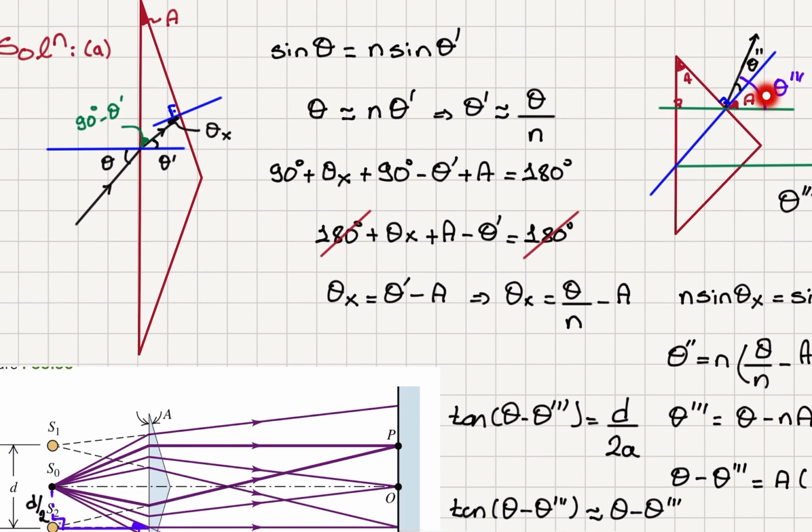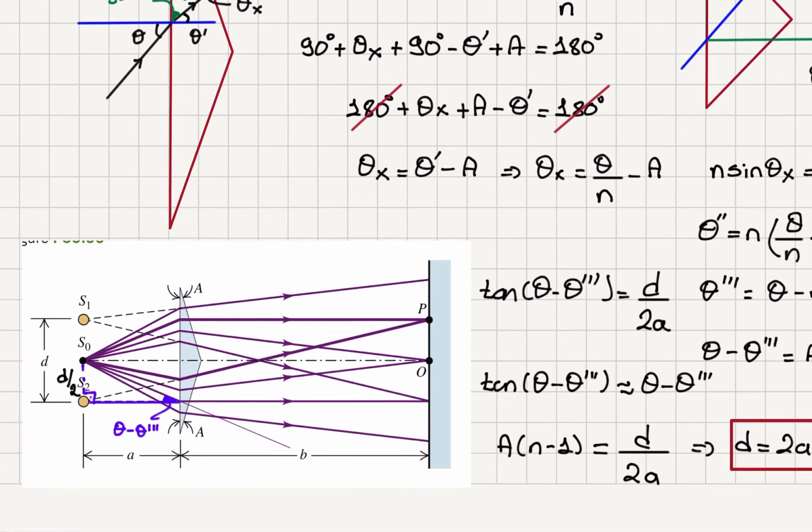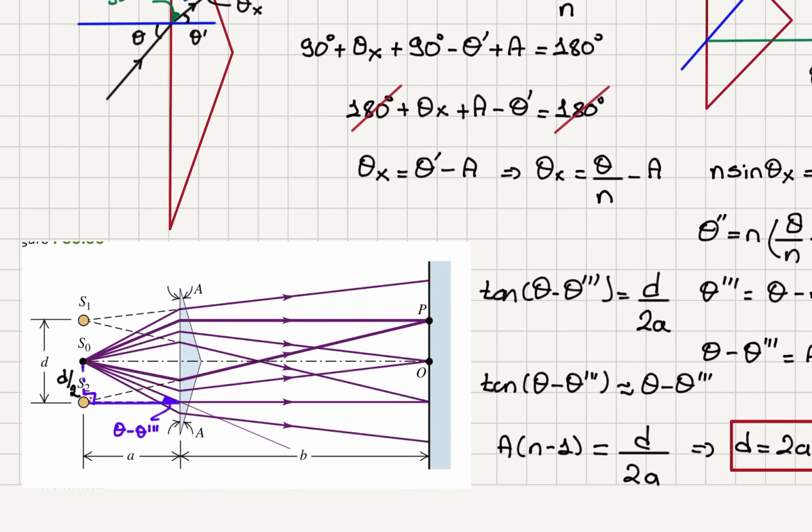The difference between these two angles is the deviation from the original trajectory. So, I note that if I pick the one that gives me the horizontal direction for the outgoing wave direction here, this is going to be corresponding to this angle theta minus theta triple prime. So that's the deviation of the original direction for this ray, and that is the angle whose tangent is equal to d over 2a.